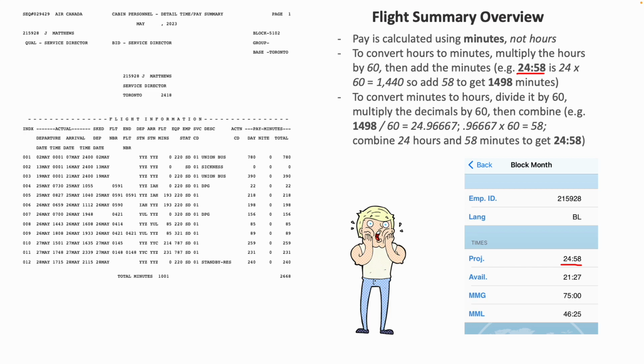We would want to change those hours into minutes, and that's easily done by multiplying 24, that's the number of hours, by 60, and that converts it into minutes. That would be 1,440 minutes, and then we of course know that there are 58 minutes that already exist, so we would just add those 58 minutes to the 1,440, and that gives us a total of 1,498 minutes that we'll be looking for.